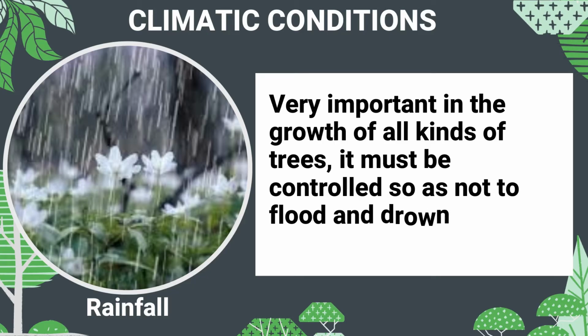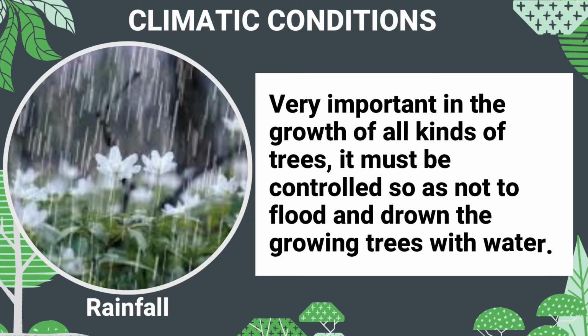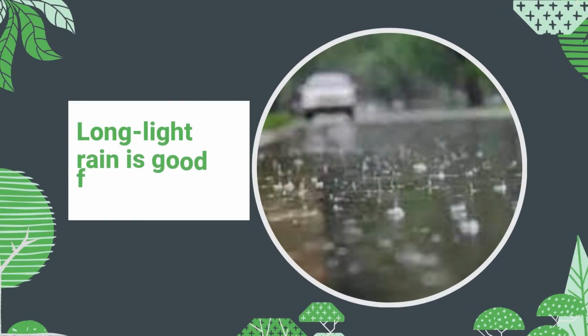Rainfall is very important in the growth of all kinds of trees. It must be controlled so as not to flood and drown the growing trees with water. We have to remember that long light rain is the one that is good for tree crops. So that is all under climatic conditions.